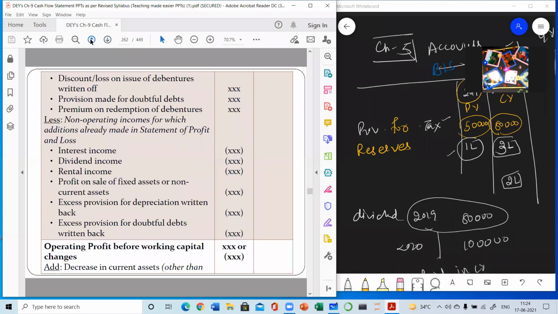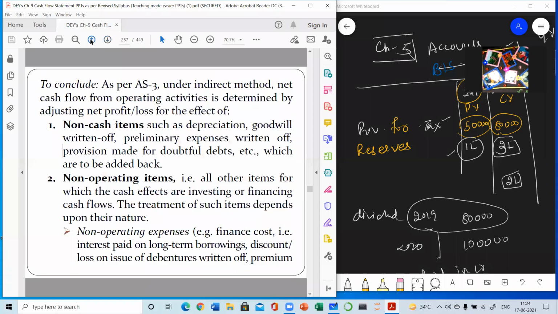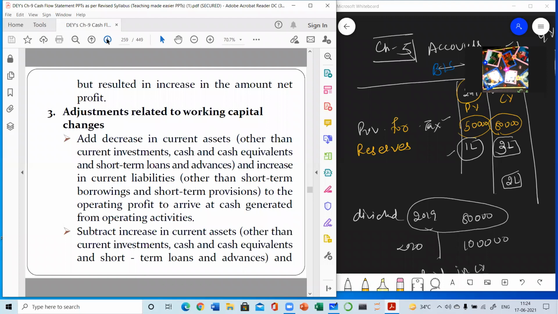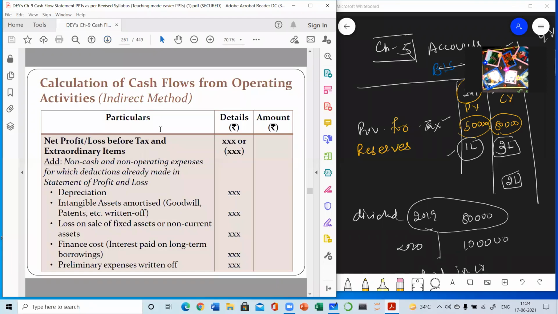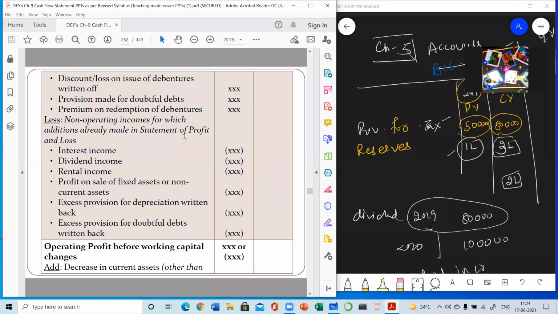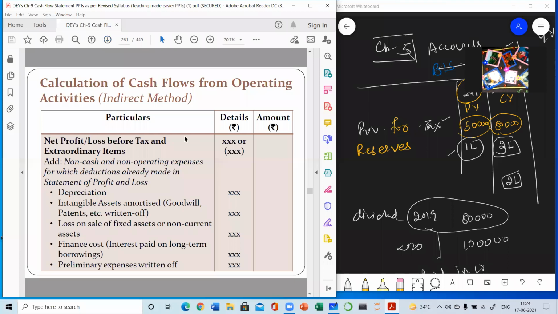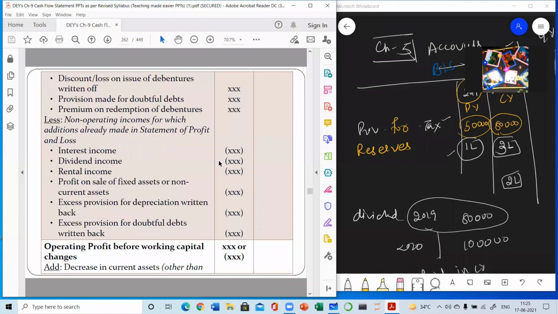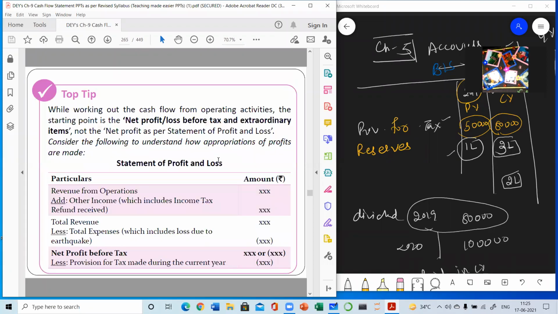Yes, this is the complete format which we need to do for doing the cash flow from operating activities, and step by step we need to do this. Right now we have done only this. Whatever the answer will be coming from that step, that answer will be written here. Then the further steps will be performed.